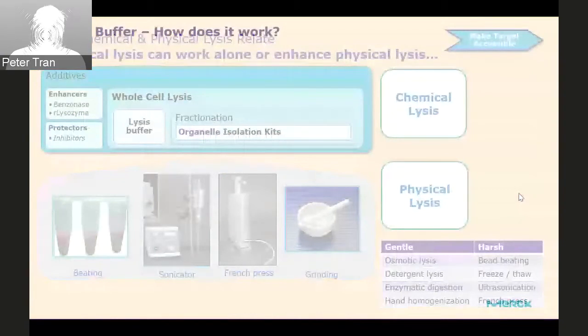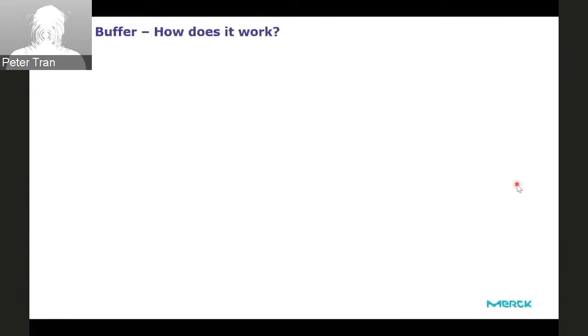Okay, so let's touch a little bit on the lysis buffer. How does it work? With this question, I want you all to go to the poll on the right-hand side of your screen. Just click on the poll and pick one of the options that's most relevant to you.